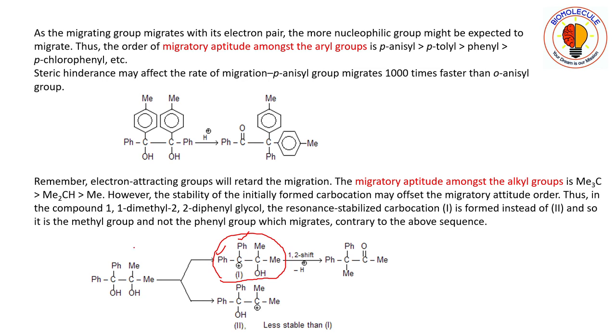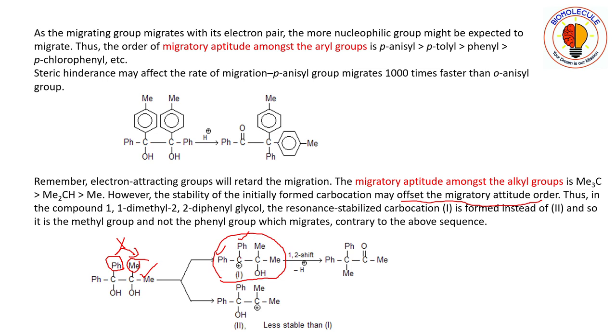So although the phenyl group has a greater tendency to migrate as compared to methyl, the stability of the carbocation is offsetting the migratory aptitude order. I hope this one is clear. Because of this stability of carbocation, the migratory aptitude order is altered. So phenyl does not shift over to this carbon atom.